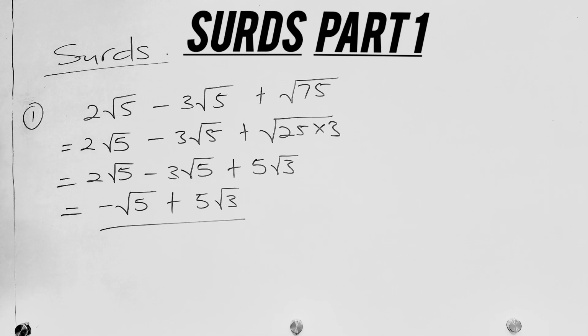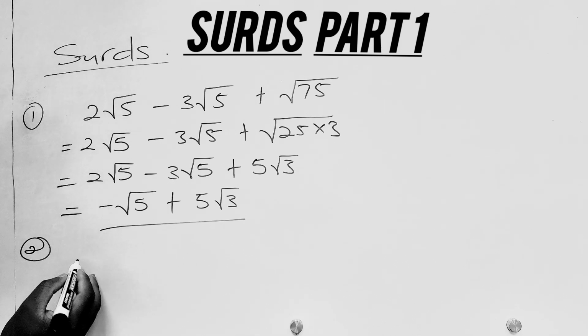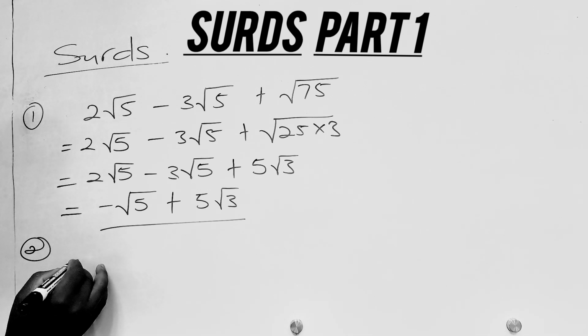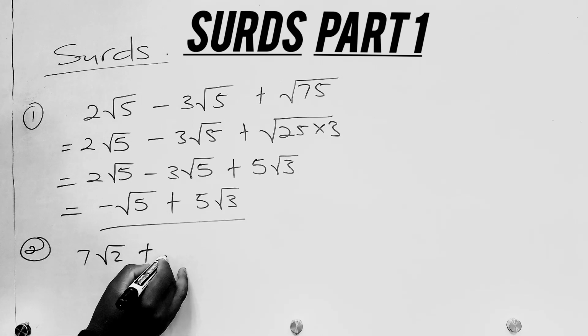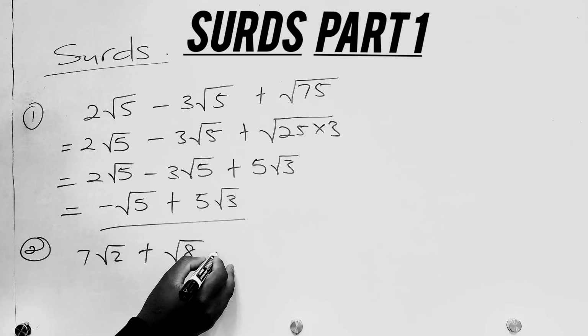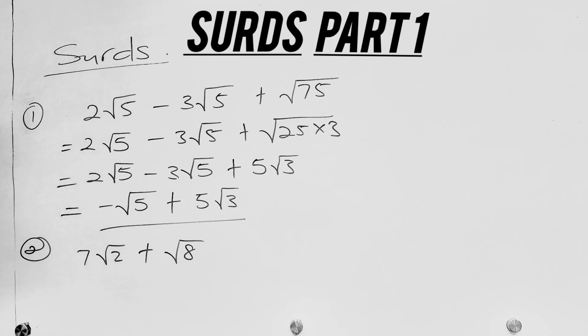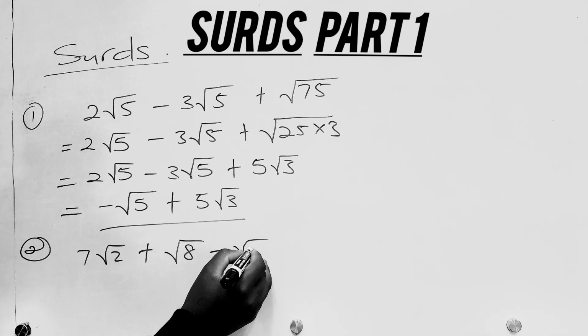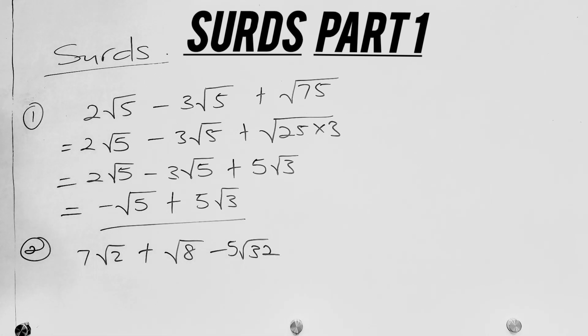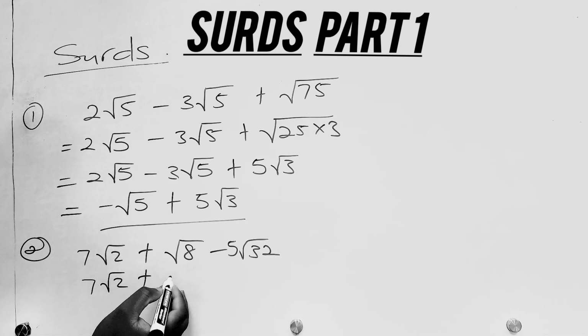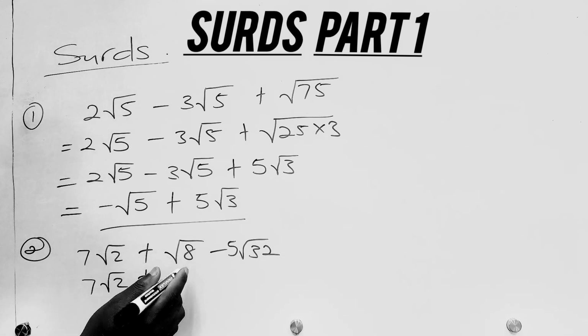Let's have another example. 7 root 2 plus square root of 8 minus 5 square root of 32. So this will be 7 root 2, it's okay, it's simplified, plus root 8. This one we need to simplify.